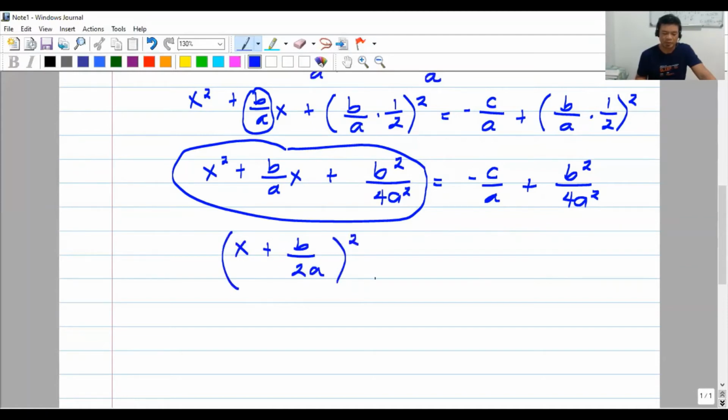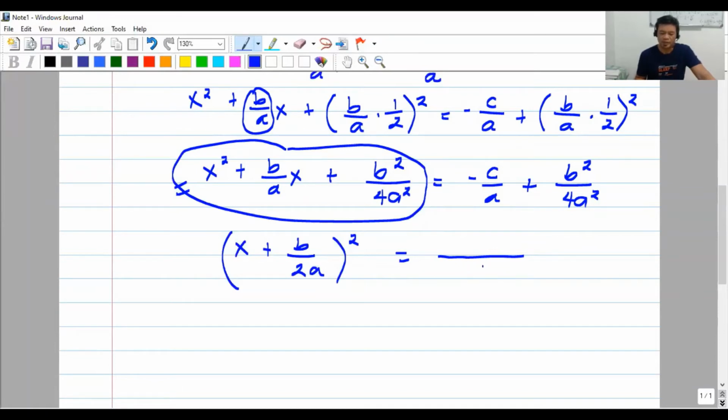That must be the factors of this perfect square trinomial here. Okay, is equal to, since our two fractions here are not similar, then we have to consider the least common denominator, which is 4a squared.